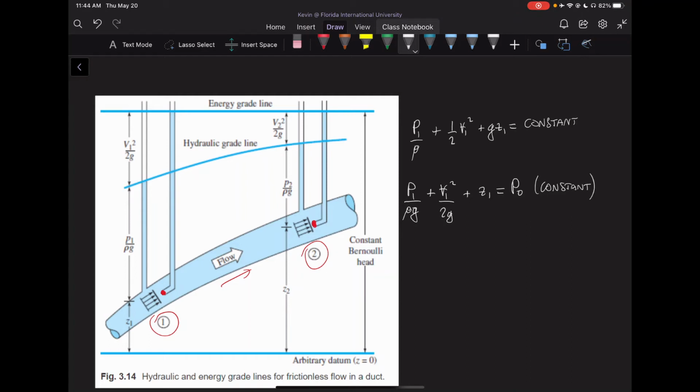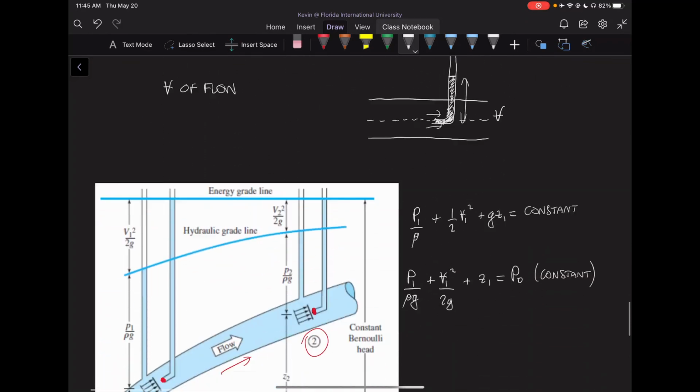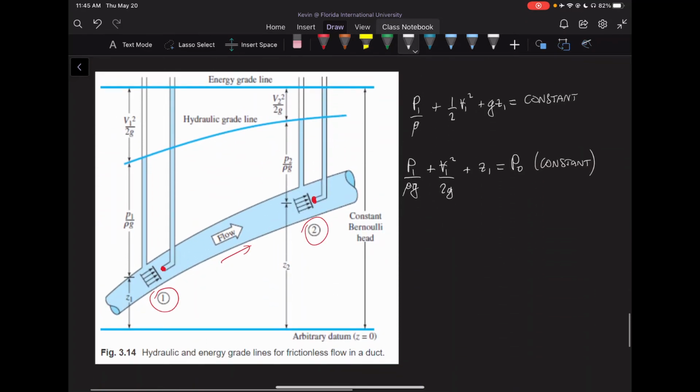Okay, so P0 is once again our stagnation pressure. So this would be equal to our stagnation pressure if we take into account height. If we don't take into account height, we can simplify it to just P1 over rho G plus V1 squared over 2G.